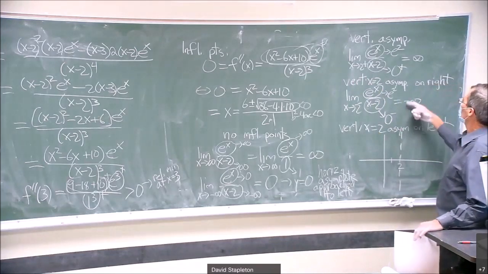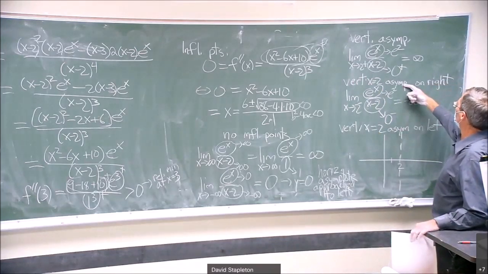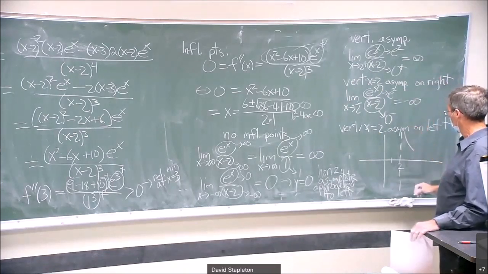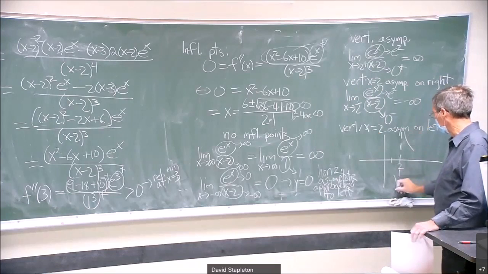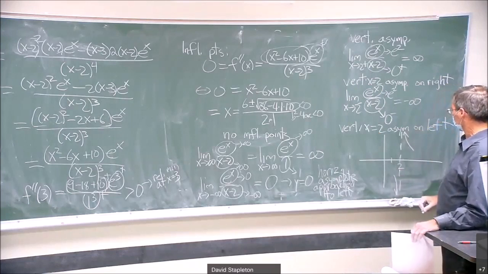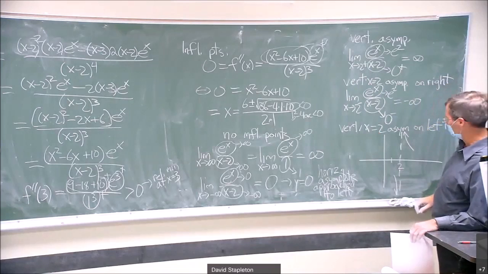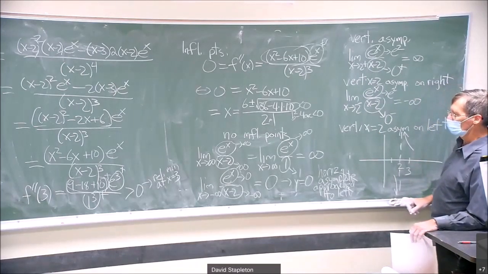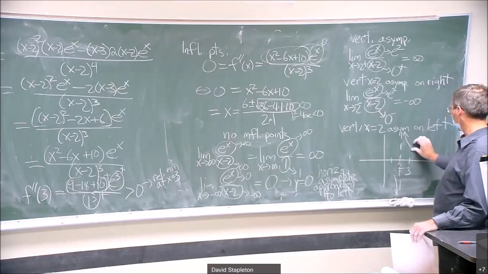I approach infinity on its right, so it goes up like this. I approach minus infinity on the left, so it goes down like that. Then I have one critical point at x equals 3. At x equals 3, I have a relative minimum.